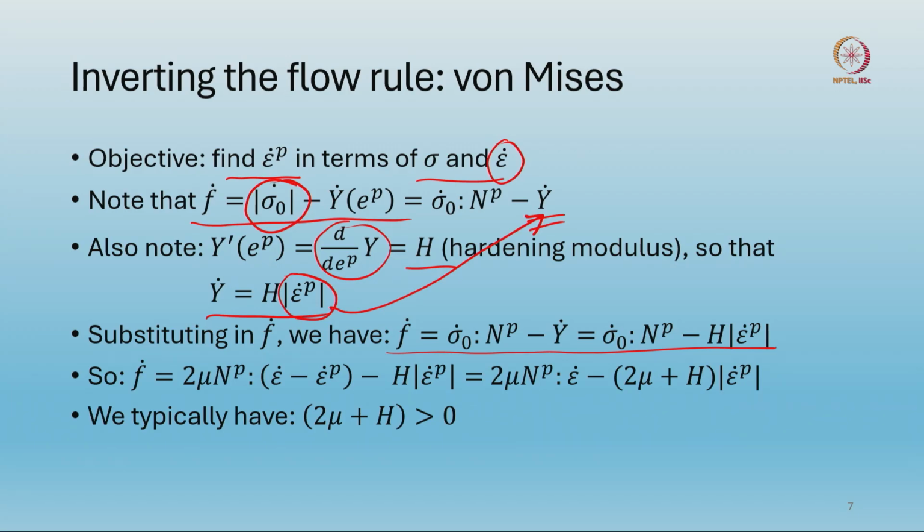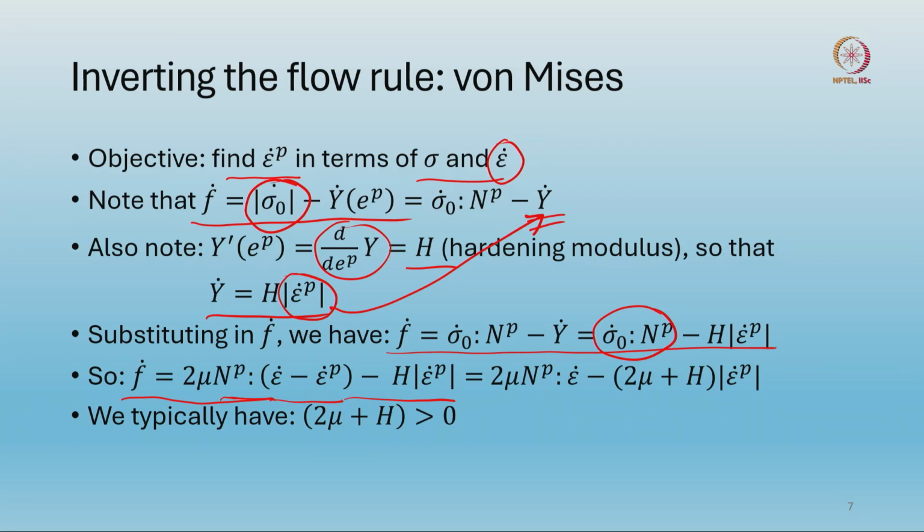So, therefore, we can write f dot is 2 mu epsilon dot colon n p, you can see here. Okay. So, that gives you the expression for the modulus of epsilon p dot. So, basically minus epsilon p dot also has to be there because it is epsilon e dot, the elastic part of the strain rate, that drives the deviatoric stress, right. This expression should be clear to you.